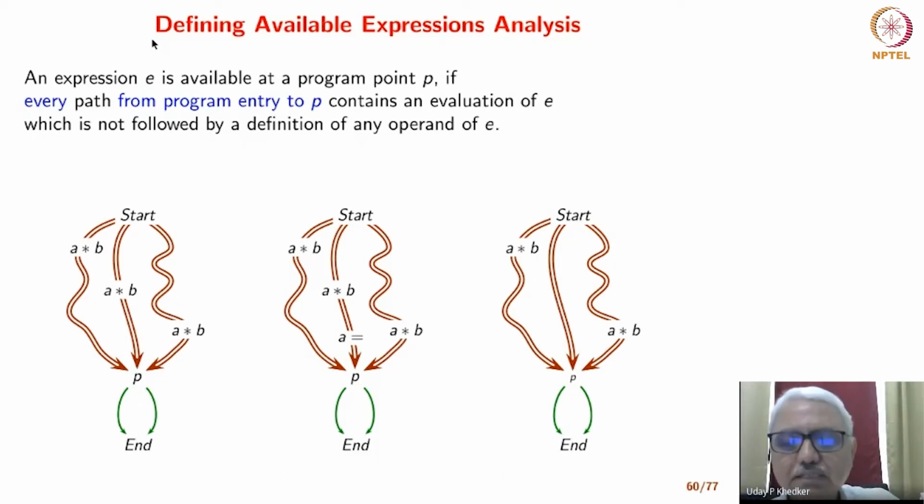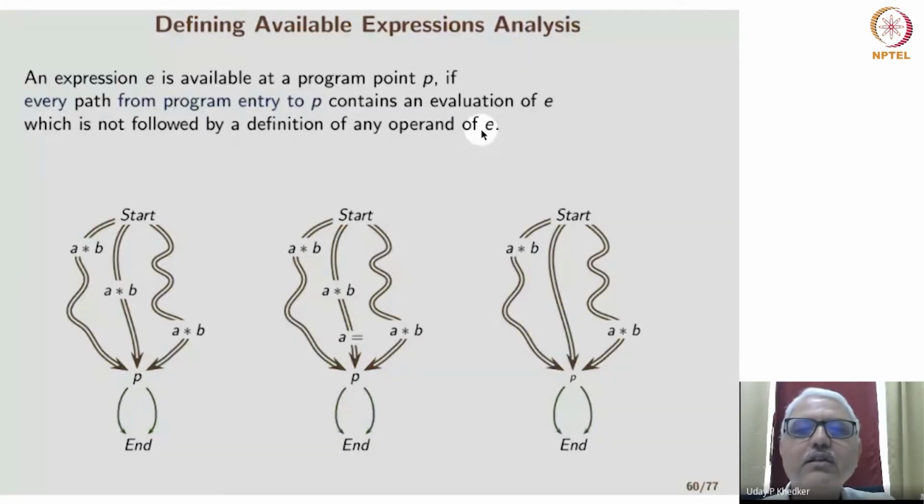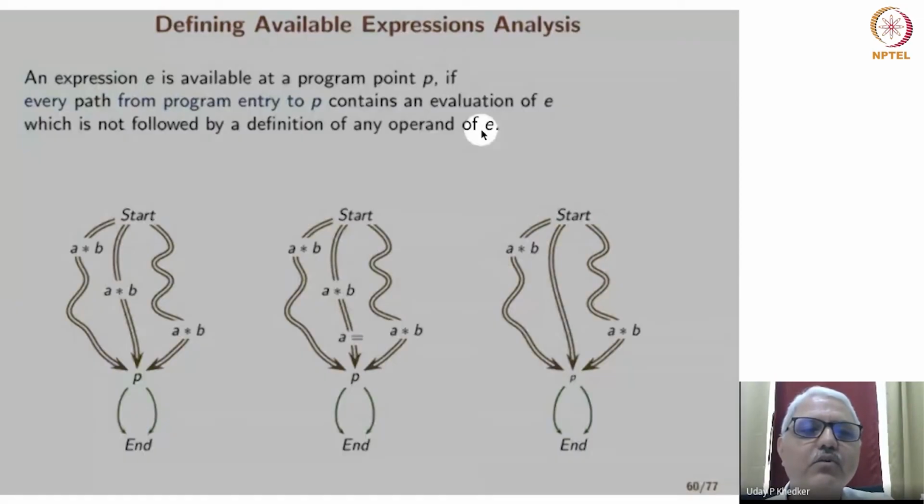Okay, so let's look at the definition. An expression E is available at a program point P if every path from program entry to P contains an evaluation of E which is not followed by a definition of any operand of E. Look at how this is different from live variables analysis. First of all, live variables analysis talked about paths from P to end.